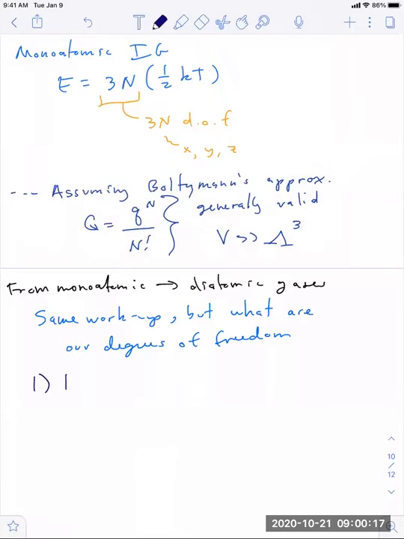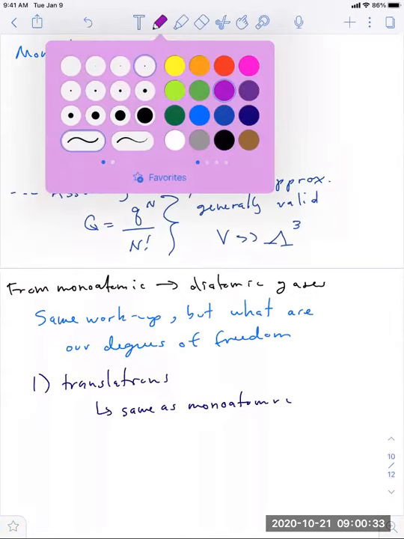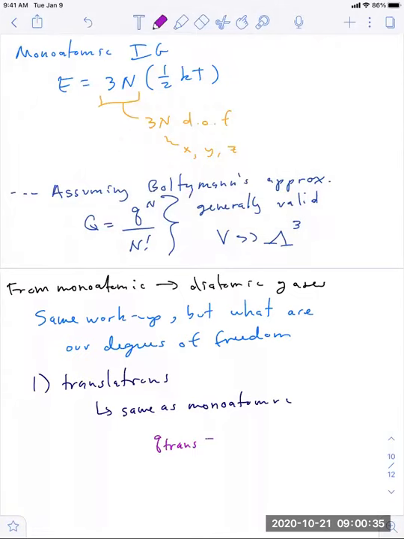So we still have translations, and these are actually the same, which means that our translational partition function is just going to be the same form that we showed before.